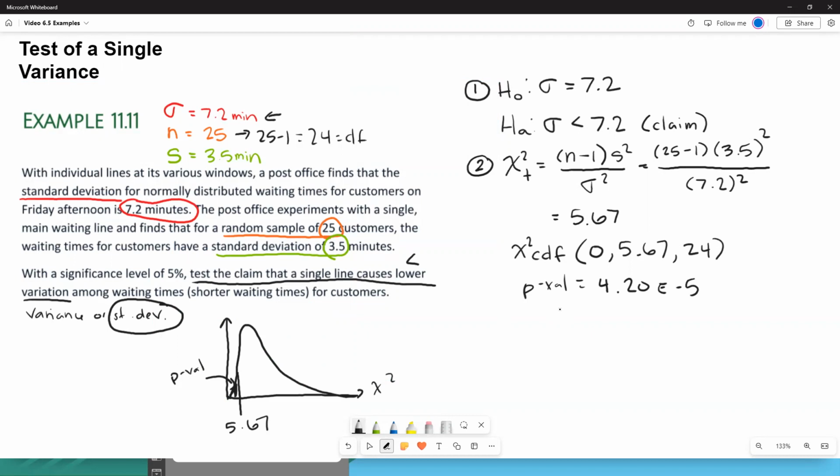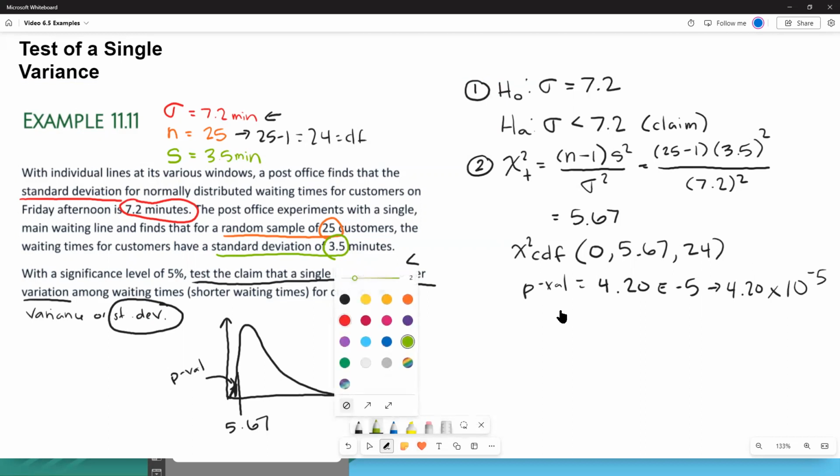And what this e negative 5 is, it's actually telling me my answer is 4.20 times 10 to the negative 5. It's scientific notation. And I know that negative 5 here is telling me move the decimal place 5 to the left.